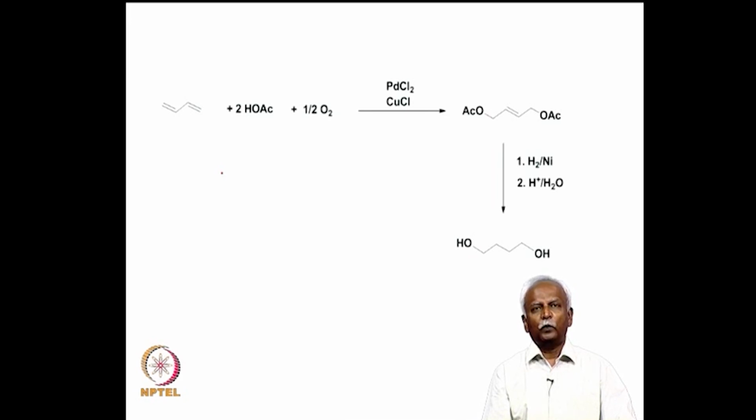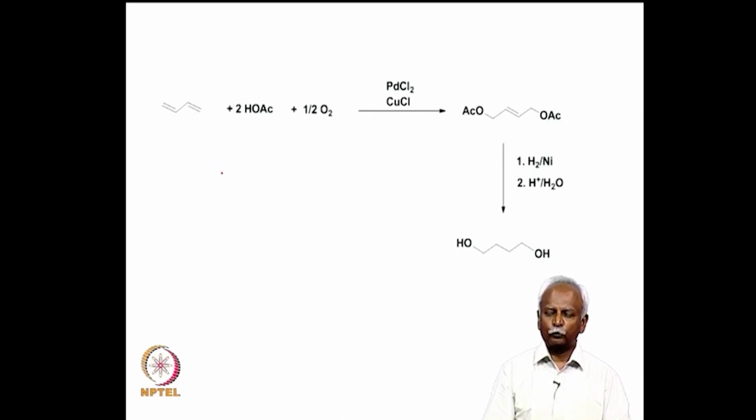Now, the Wacker reaction, as I mentioned earlier, has been modified in a variety of ways, and it has also been modified in such a way that it can be industrially useful. Here is a modification where you carry out acetoxylation of a diene, and that results in OAc minus being added onto the two terminal positions of the butadiene.